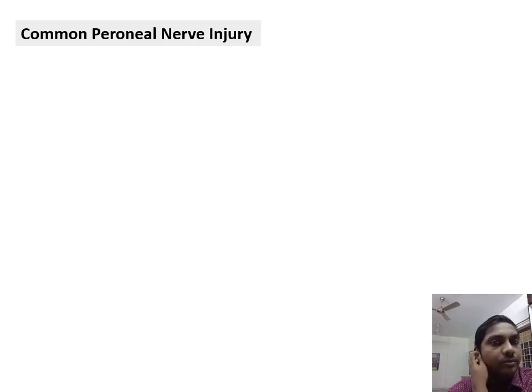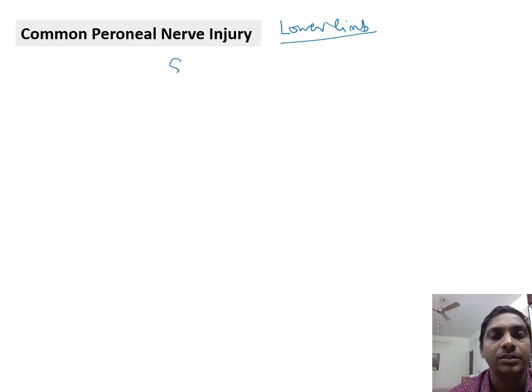Finally, common peroneal nerve injury. The common peroneal nerve is located in the lower limb. It is a branch of the sciatic nerve. It usually causes foot drop.